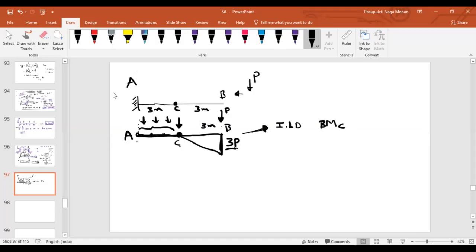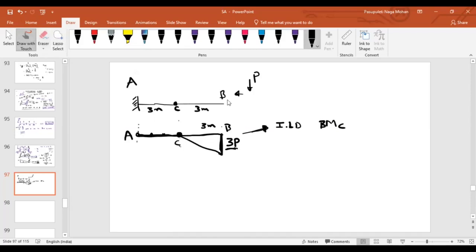That means as the load is at point C, the bending moment at point C is 0. Here I have not asked you to draw the diagram or do any calculations. I just want you guys to understand what ILD is. ILD means as the load is moving over the beam, how the values are changing at a particular point.